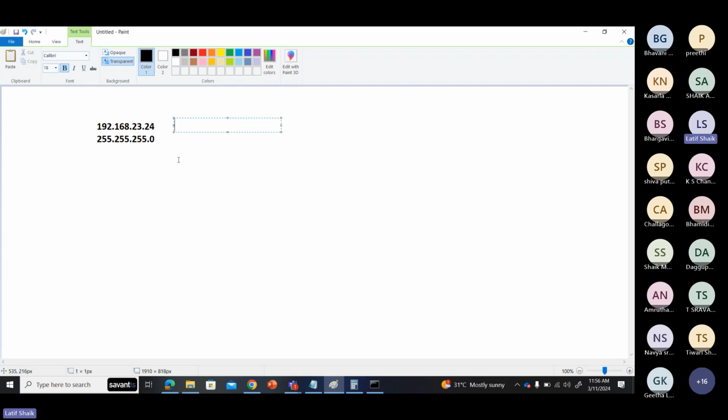So how will the system understand? It converts our IP address and subnet mask into binary and does the AND operation. First of all, if you convert the things into binary, this is 192 in binary, then 168 in binary: 128, 32, 8.